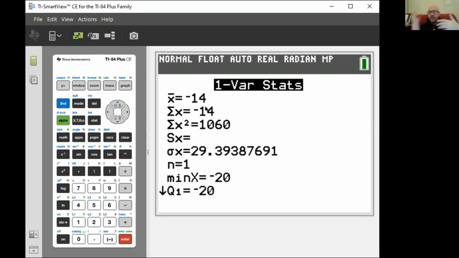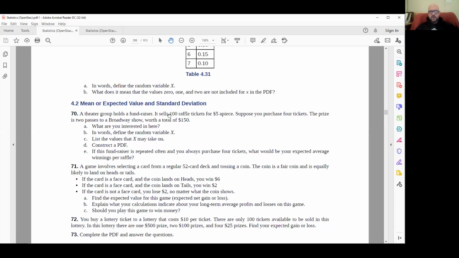And so that means that their positive money is the consumer's negative money, which is the way it goes with raffles. You can also tell this, by the way, just by looking at the totals, right? 100 raffle tickets for $5 a piece means they take in 500 and put out 150. So they are $350 up, assuming they actually sell 100 tickets.